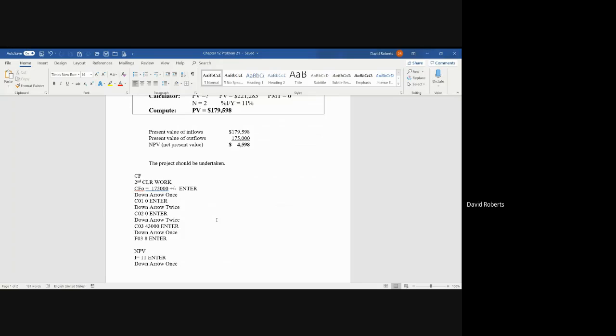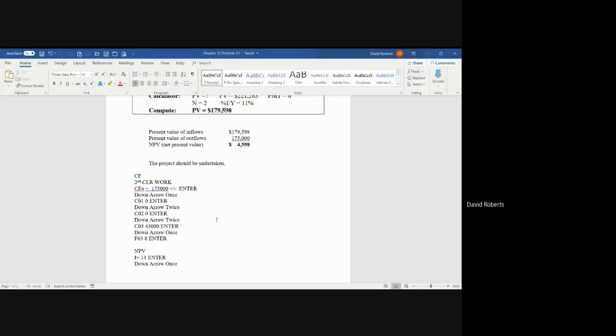Now in this case, you have to be careful. You have to go 0, enter, and then down arrow, just like I've shown, until you get to cash flow 3, you enter 43,000, enter. Now the F03 talks about the frequency. That's what the F stands for. Now you could go to C04, enter 43,000, C05, enter 43,000, all the way up to 10.